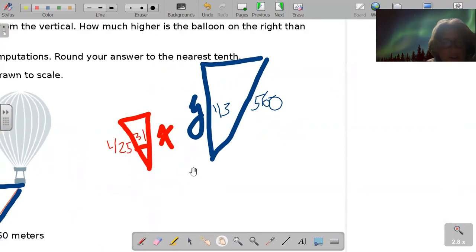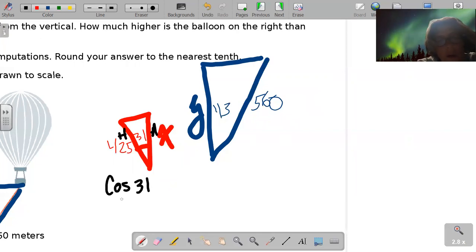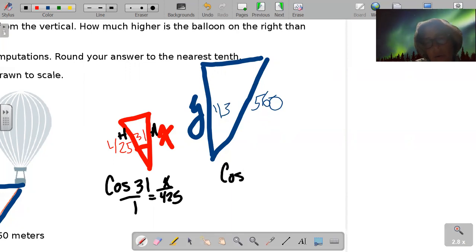So look at what we have here. This is for X, that's going to be an A and an H. So it reads like this, cosine 31 over 1 equals X over 425. This would read cosine 43 over 1 equals Y over 560.